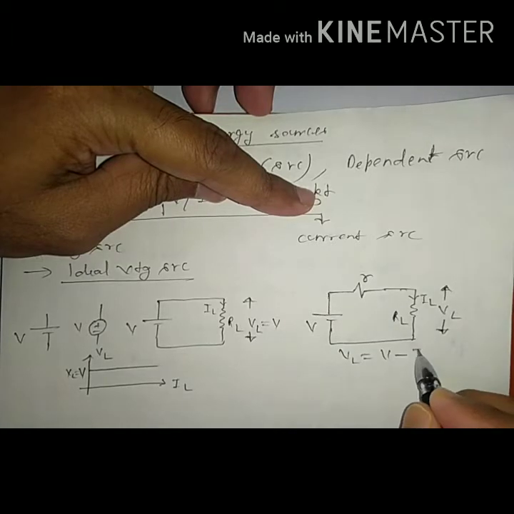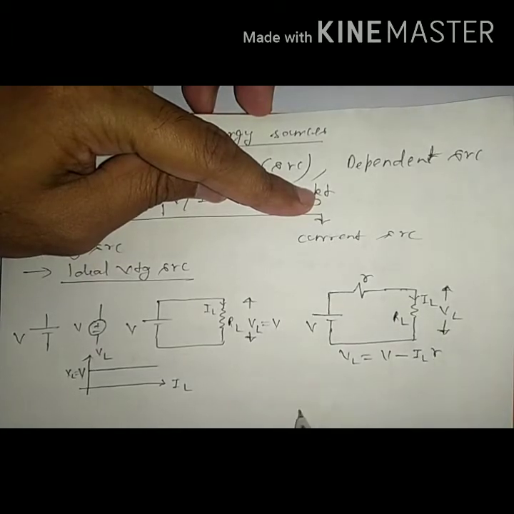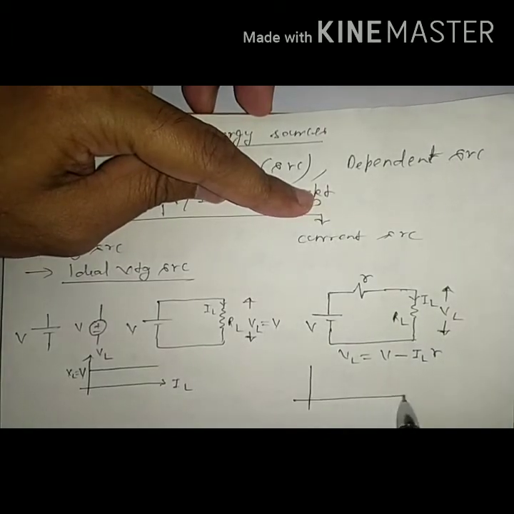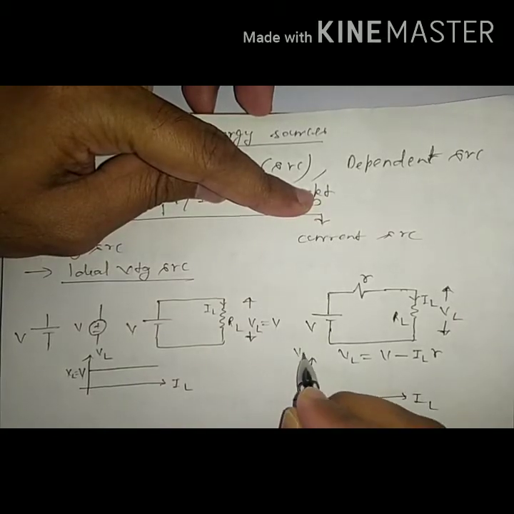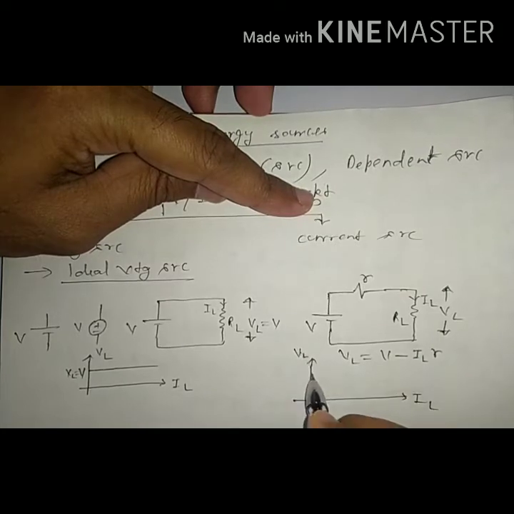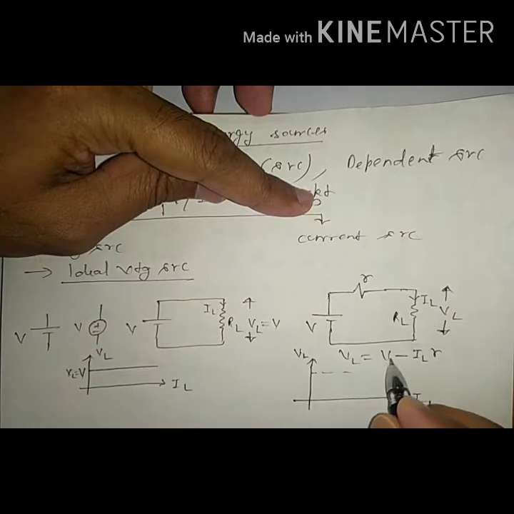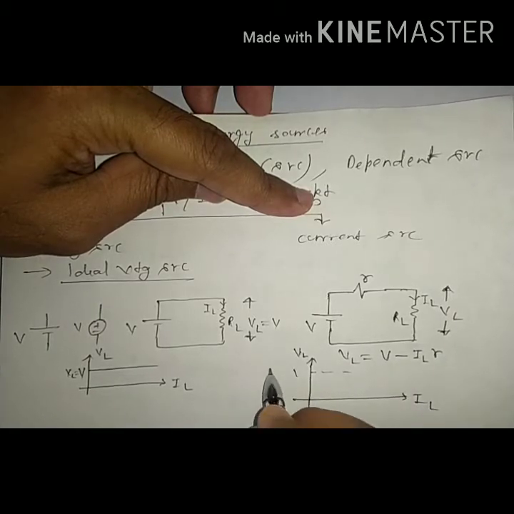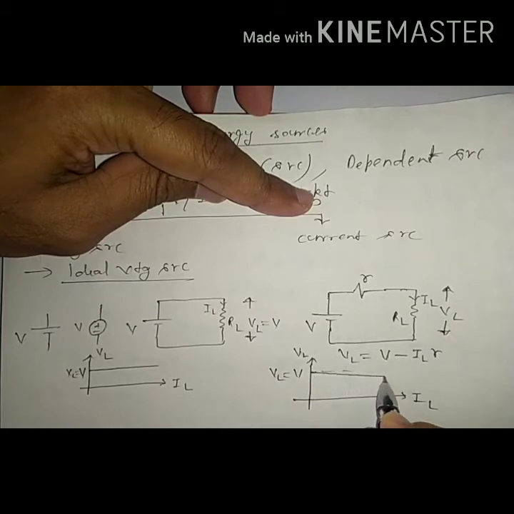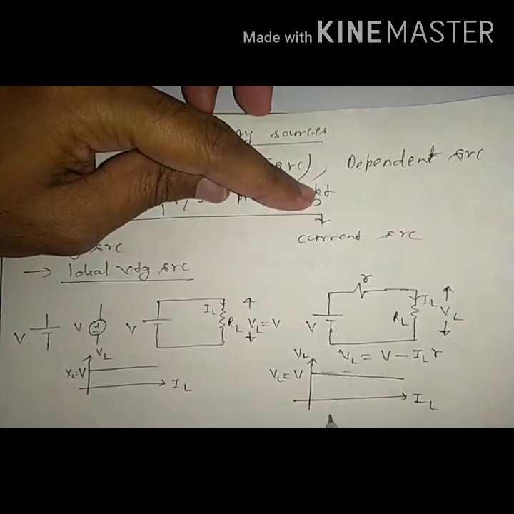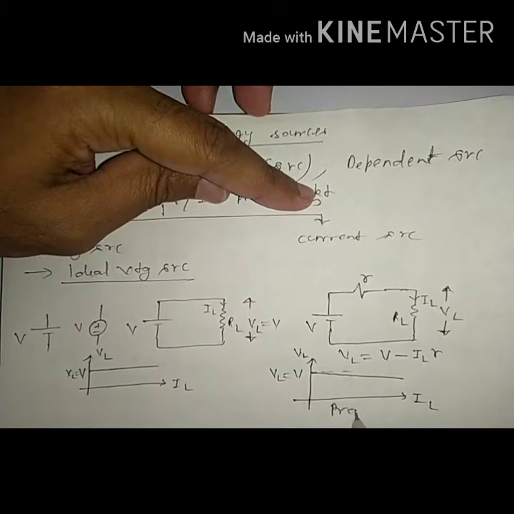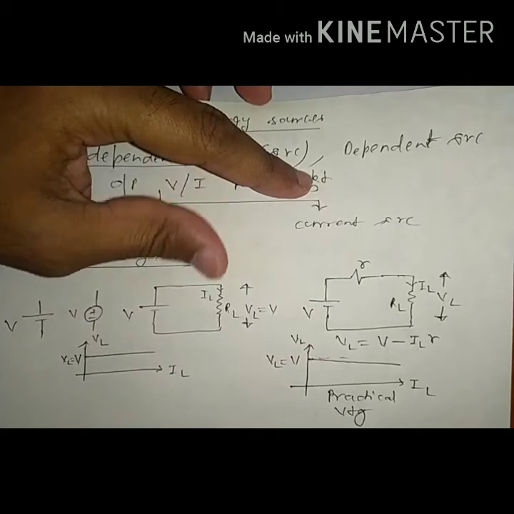I into R, so IL into R. If I draw the characteristic, IL versus VL: when current is 0, VL will be V only. And after that, as current increases, the voltage will decrease. This is what a practical voltage source.